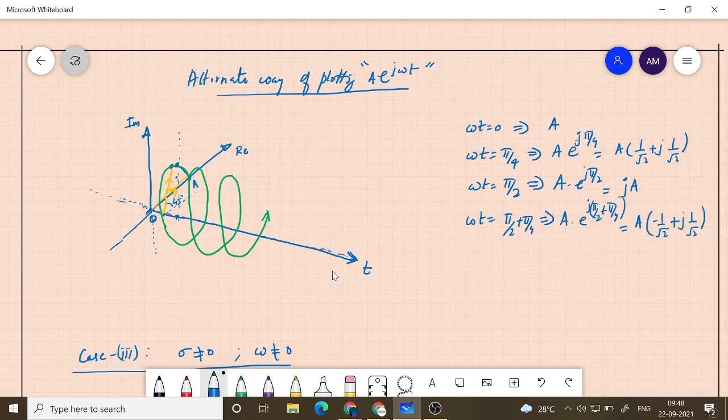So when you have it somewhere here, it will be pointing like this. So this way the point will keep on shifting, time is advancing again and again. So this is the tick of the time.